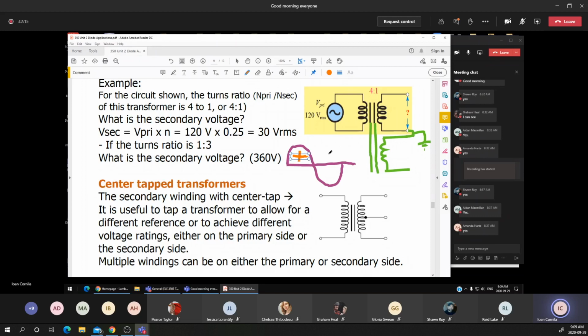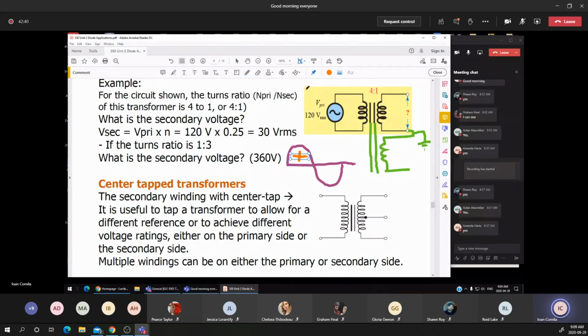Again, how can we analyze an AC circuit? As a rule, make an assumption. I'm making the assumption that the AC voltage has the positive half, or the first half of the sine wave, applied to the primary winding.